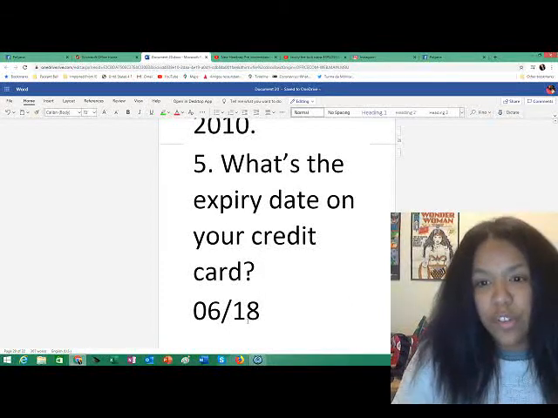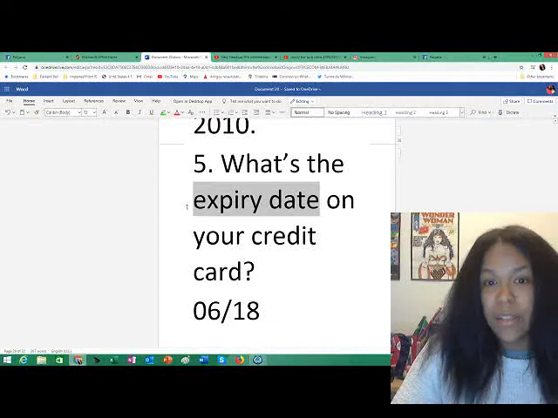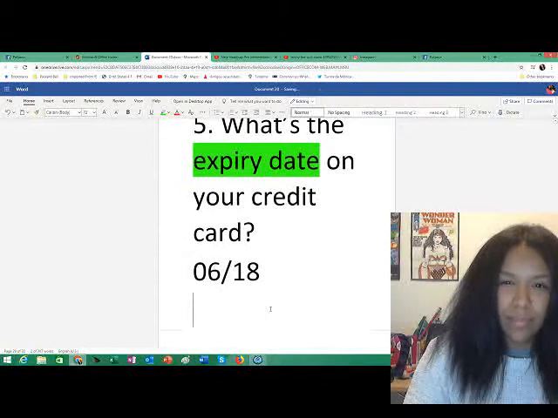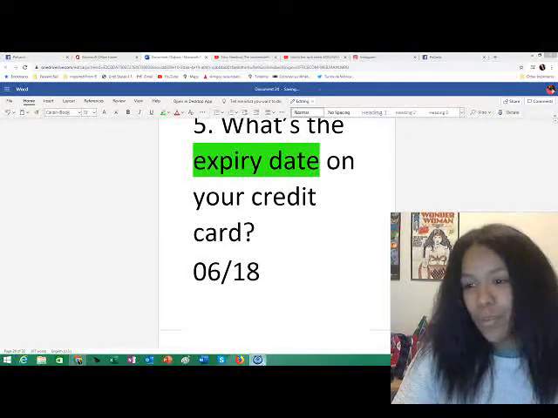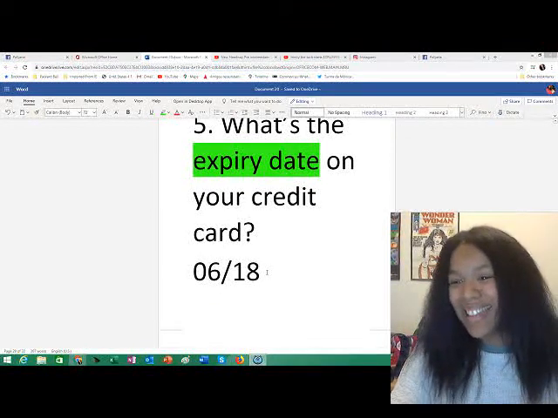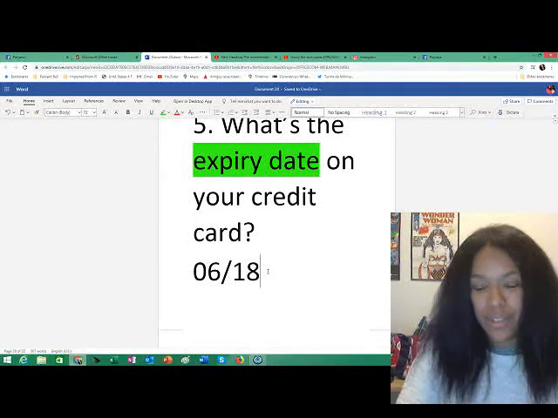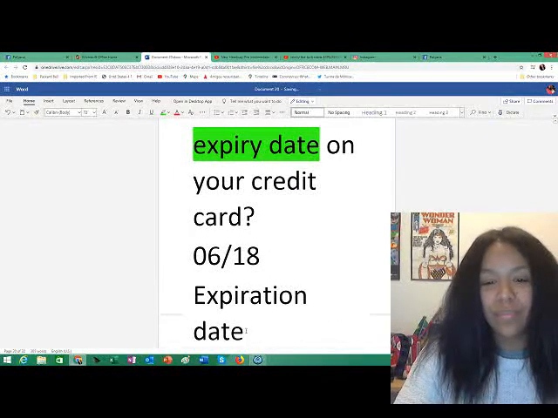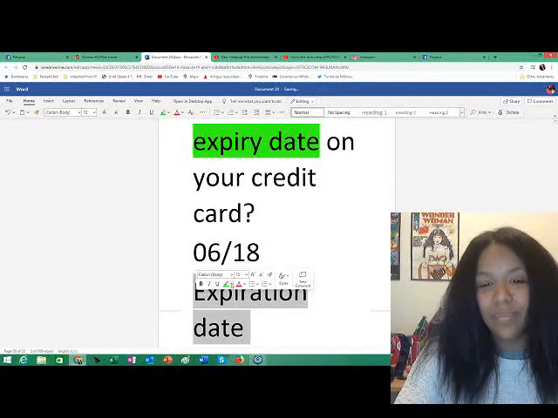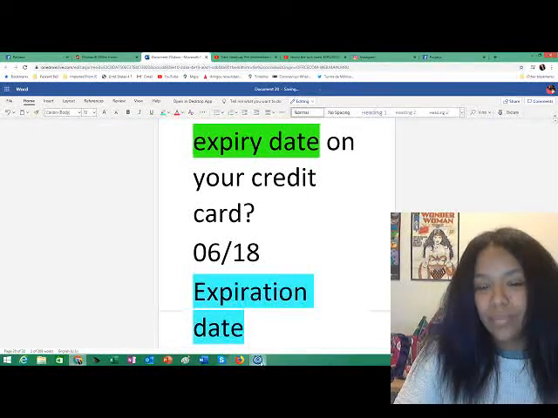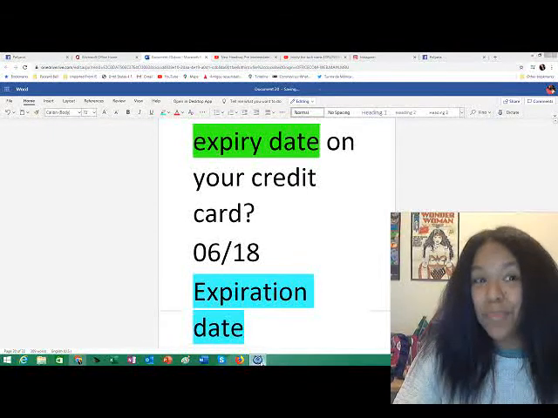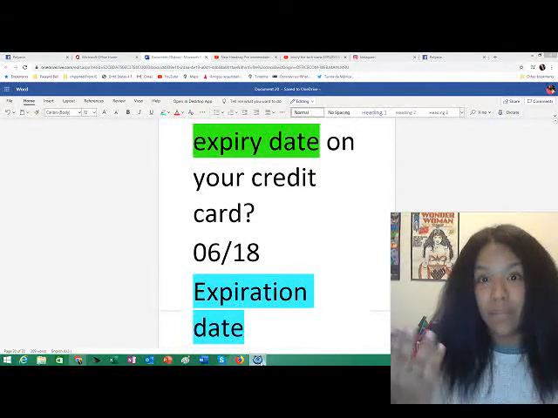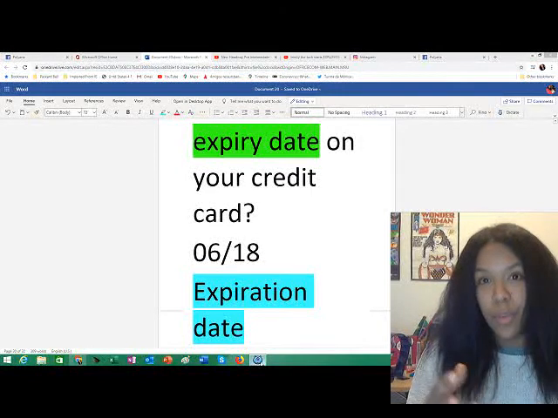Do not confuse expiry date with expiration date. What's the difference there? Expiration date is the last date when you can eat food that you buy.